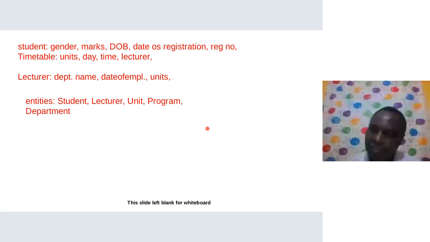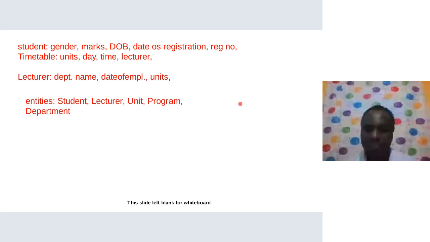But as I said, during the analysis, you might find that some of these will not really be entities in the database, although they are entities by description. When it comes to the actual designing of the database, you might find that some of these would only act as attributes of another entity.